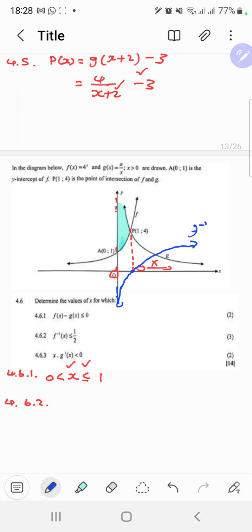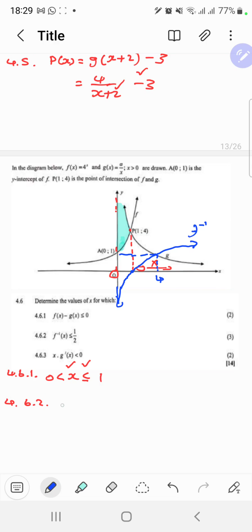All right, so what is going to happen here? We want this to be less than or equal to a half. And we know this is going to happen at 4, where it becomes exactly 1. So when do we want this to be equal to a half? This forces us to solve.